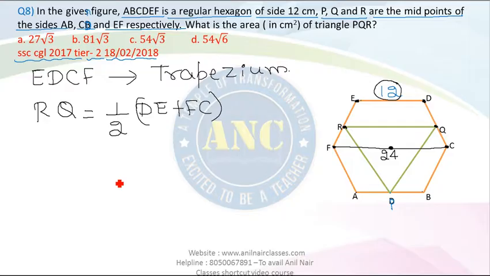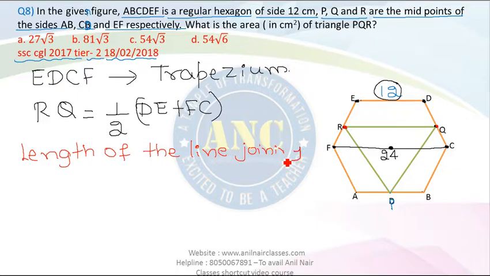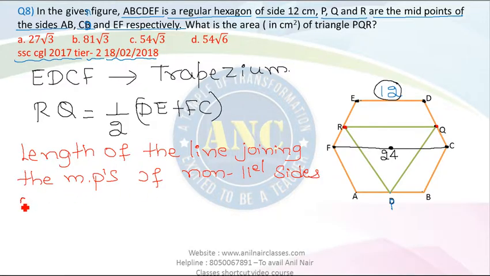The very, very important key point we discussed is the length of the line, the line I am taking right now is RQ, joining the midpoints of non-parallel sides of a trapezium.